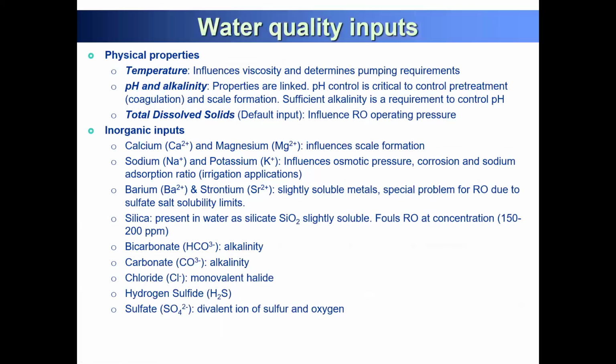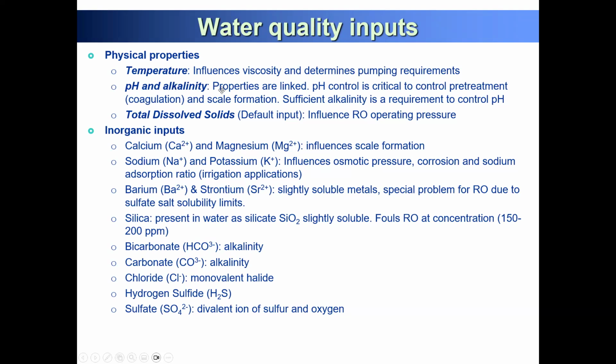But here, we also need to put some important information. If you don't know this one, you cannot calculate the inorganic scaling and fouling potential in your water quality. So temperature-induced viscosity determines pumping requirement.